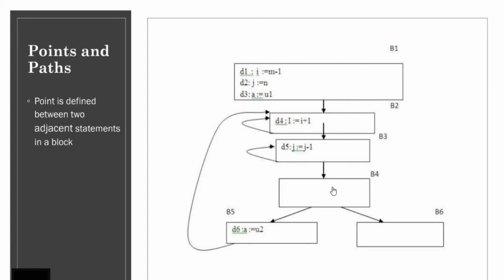For example, if there are 6 basic blocks, how many points will be there? The points will be from 1 to n minus 1. That is, for each block there will be 1 to 5 points. That is what is mentioned here. In a path from P1 to Pn, there will be points from 1 to n minus 1.